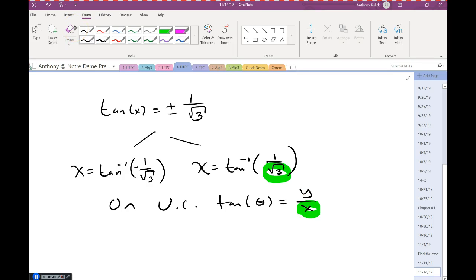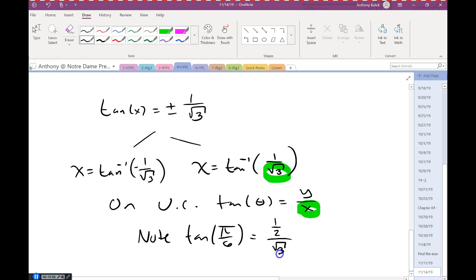So if I look, that would be something like pi over 6. So that would be y over x. And when I simplify that, I would end up with 1 over root 3.